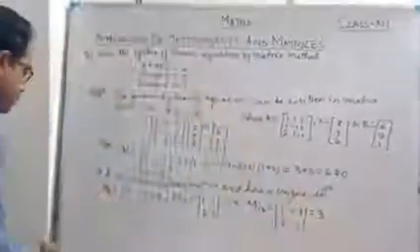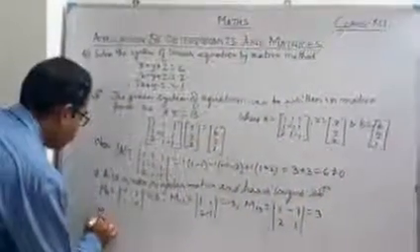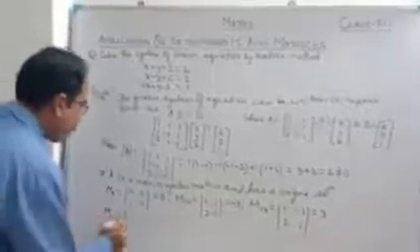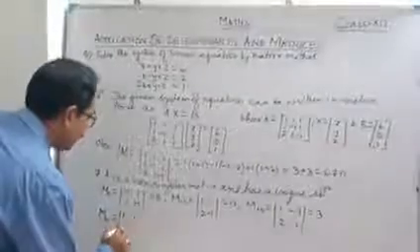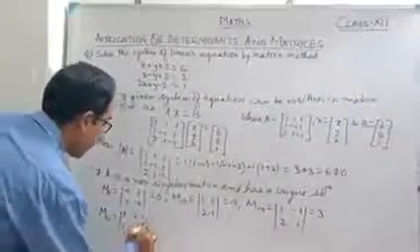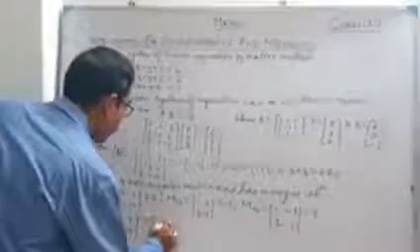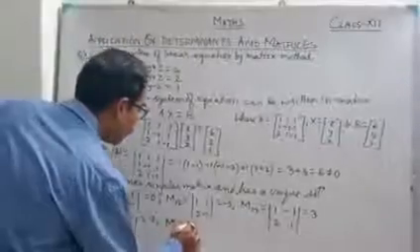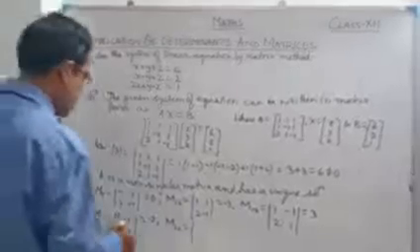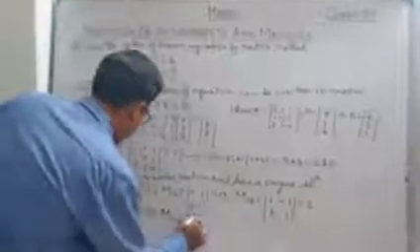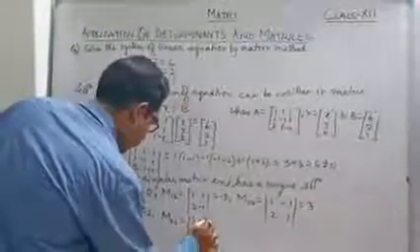Correct, students? Next, M21. M21 will be what? 1 1, 1 minus 1. That is equal to minus 1 minus 1, minus 2. M22. M22 will be what? 1 1, 2 minus 1.